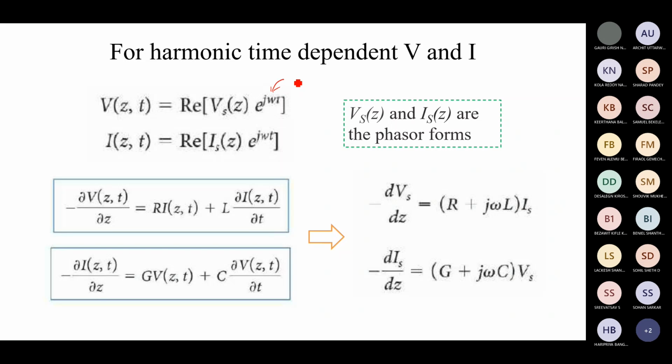In this way we can easily separate the z term, that is the space term, as well as the time term. So this is the basic idea, and after that it is very simple.